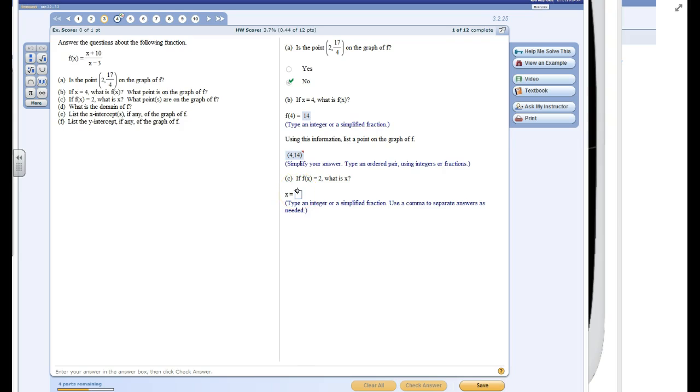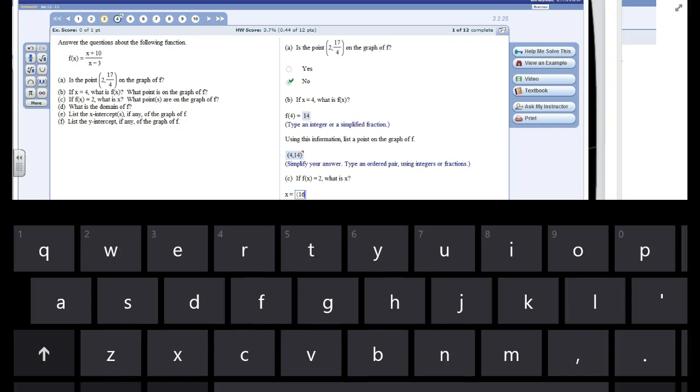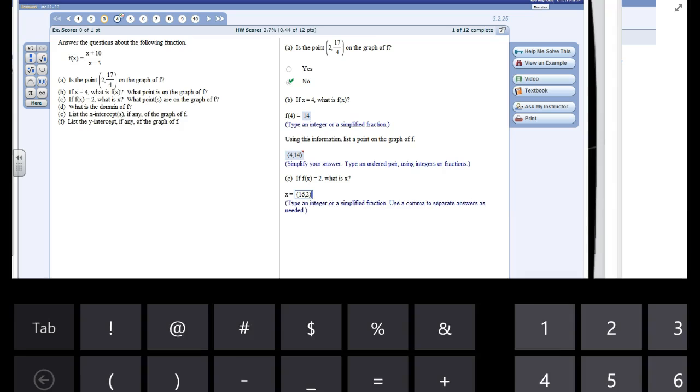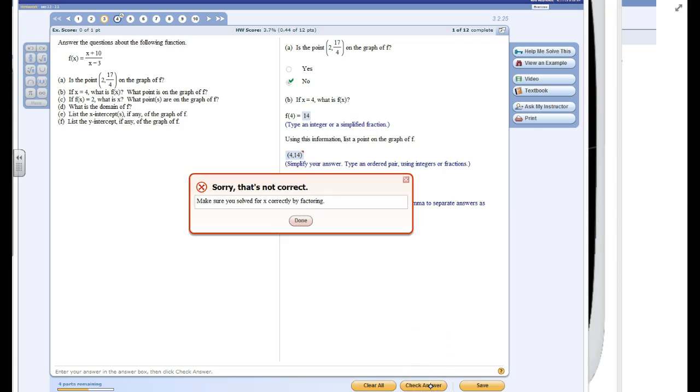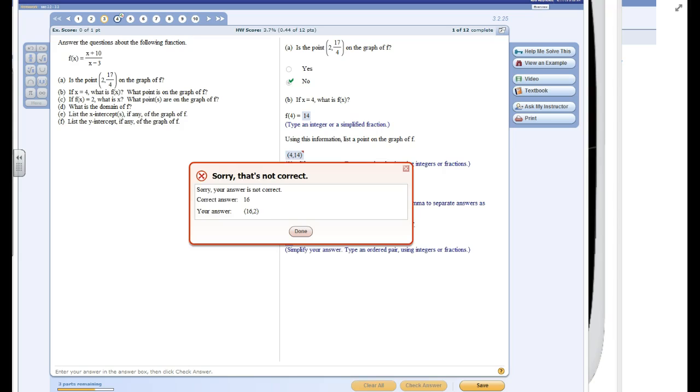So let's try this 16 for the next part. And of course, they weren't asking for the ordered pair this time. They were simply asking for the correct answer, which was 16.